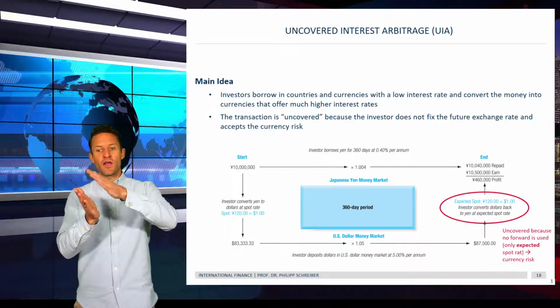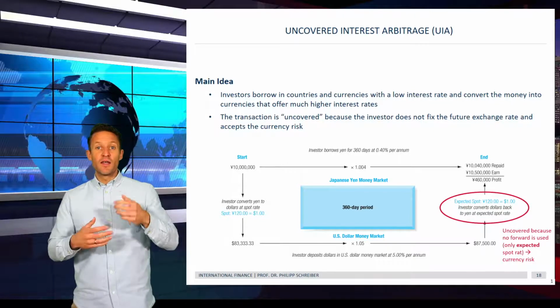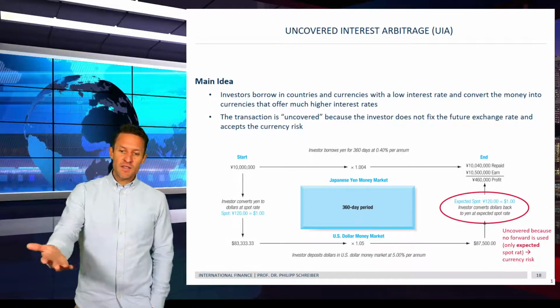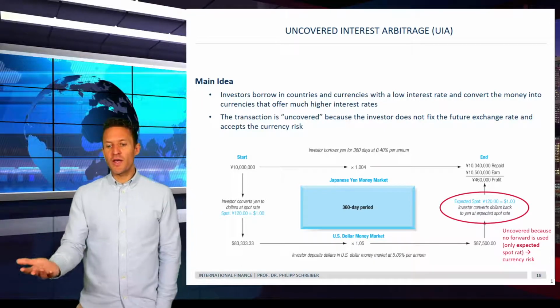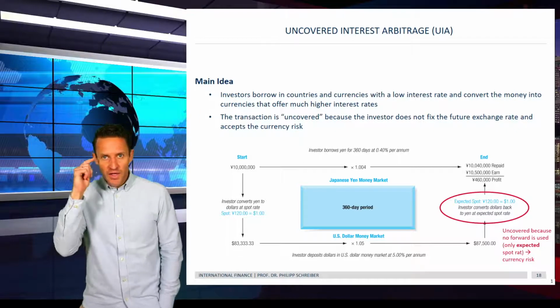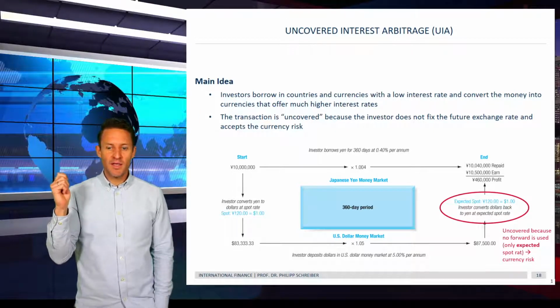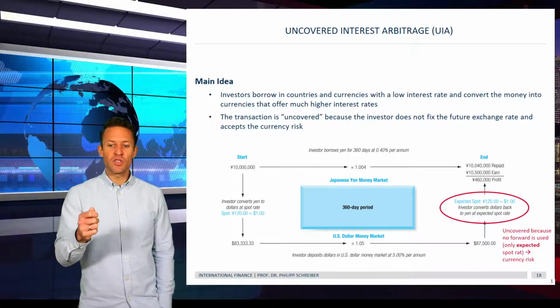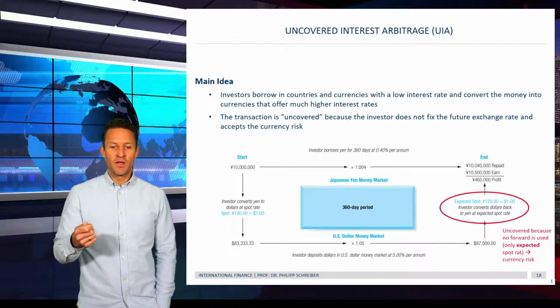Or the exchange rate moved in a direction that was very good for me and I made a lot of money. In this example, the expected spot rate, the spot rate that our trader thinks will be in place in 1 year, is $1 equals 120 Japanese yen.